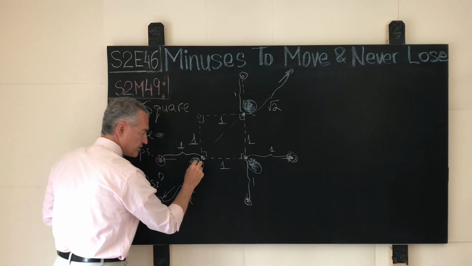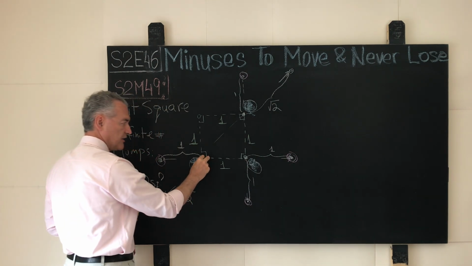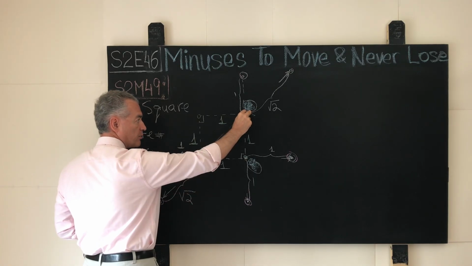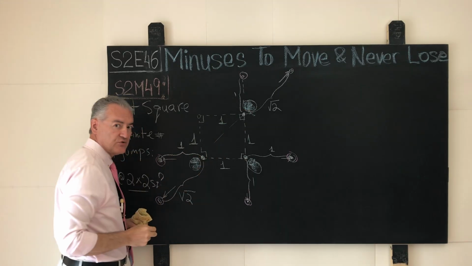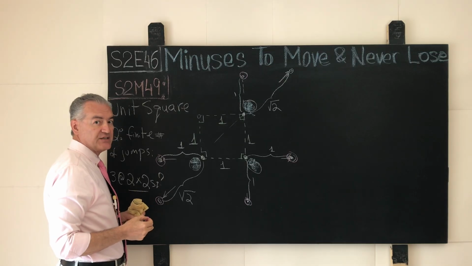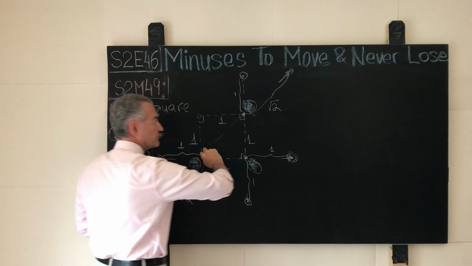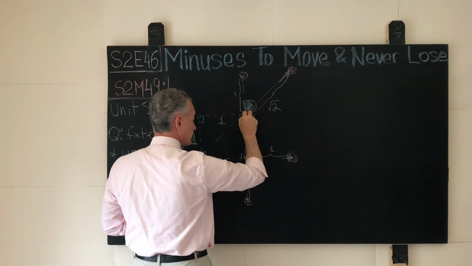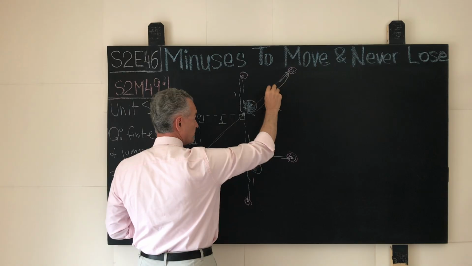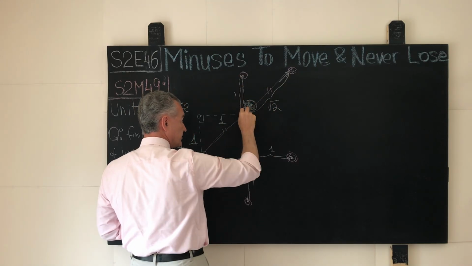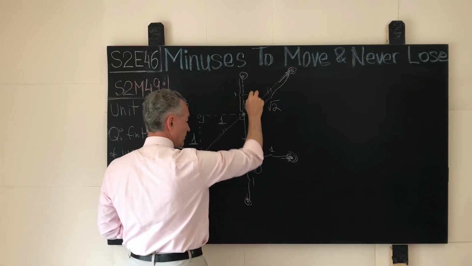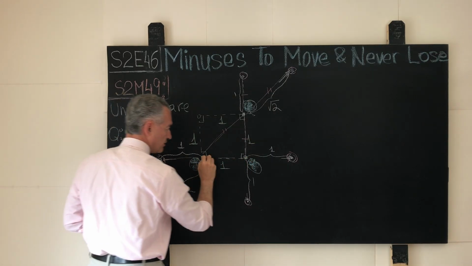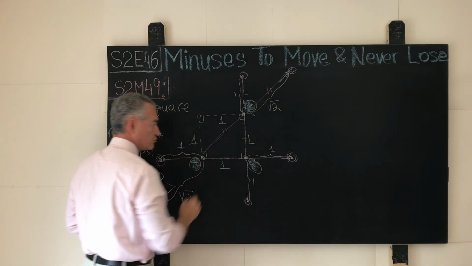Likewise, this grasshopper who sits in the lower left vertex of the unit square can jump over the grasshopper that sits in the upper right vertex of the unit square by the distance that separates them initially, square root of 2, and fly over here into this point, and this distance must be equal to this distance. Let's mark it this way. This distance must be equal to this distance here and here, and likewise this distance must be this one, and this distance must be this one. These are the rules of the game.